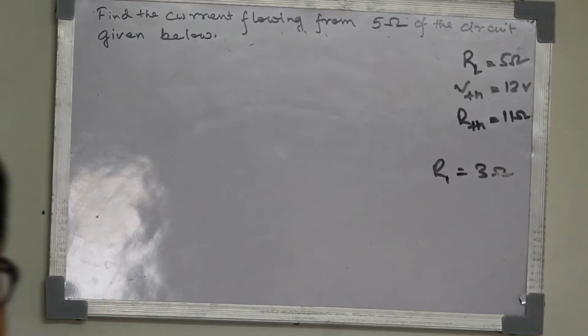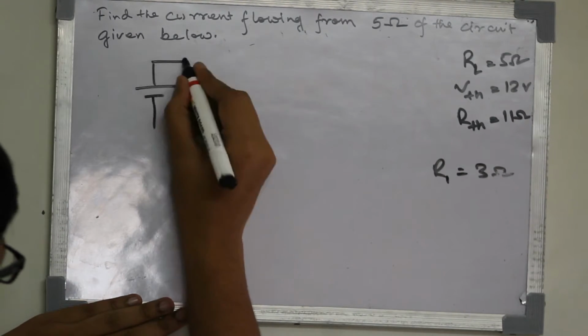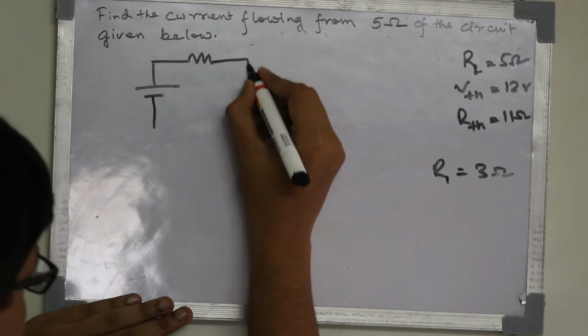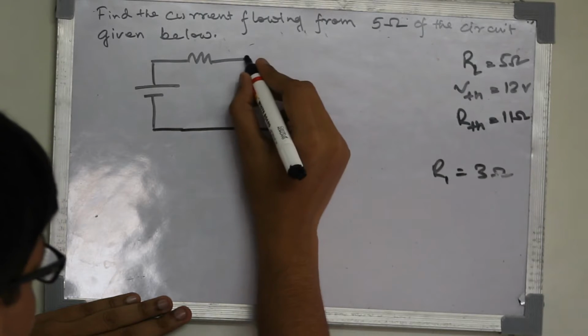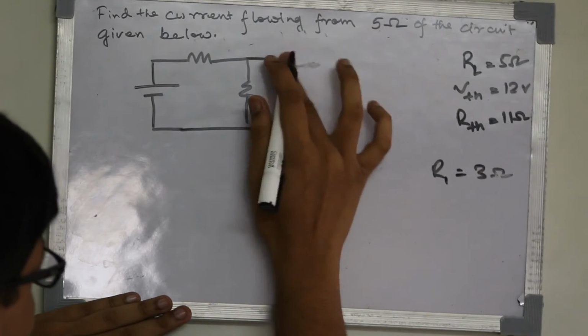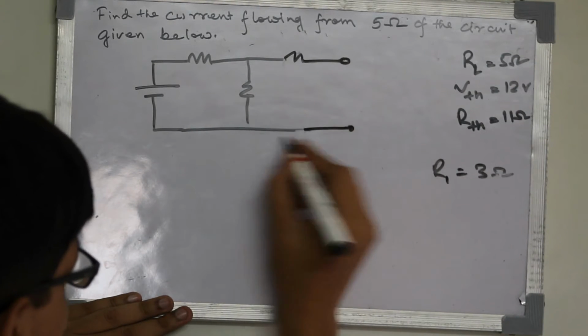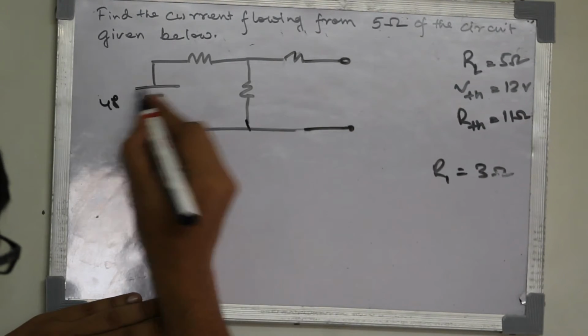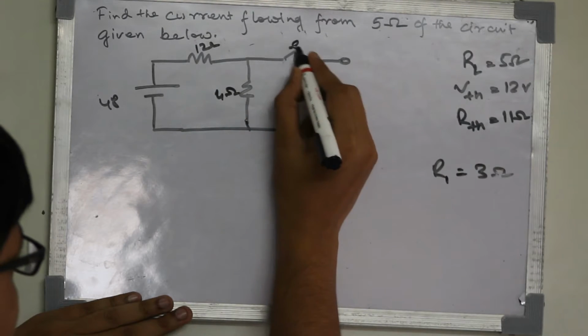Now we are getting an equivalent circuit of our first given circuit. So our first given circuit was like this. This was 48, this was 12 ohm, 4 ohm and 8 ohm.